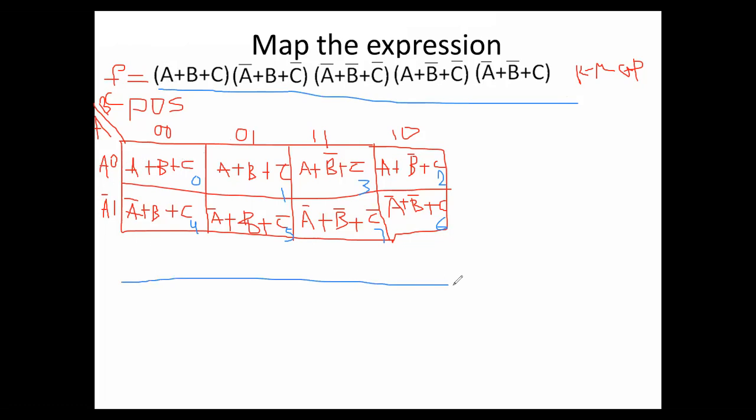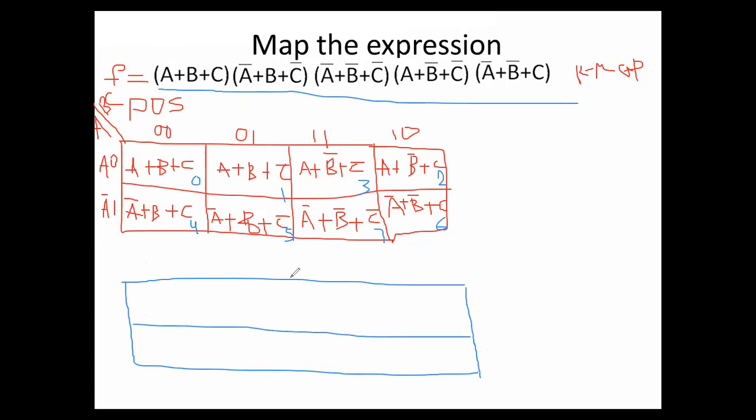Now write the Karnaugh map for the corresponding expression. A is here, and B, C. A is 0, 1.